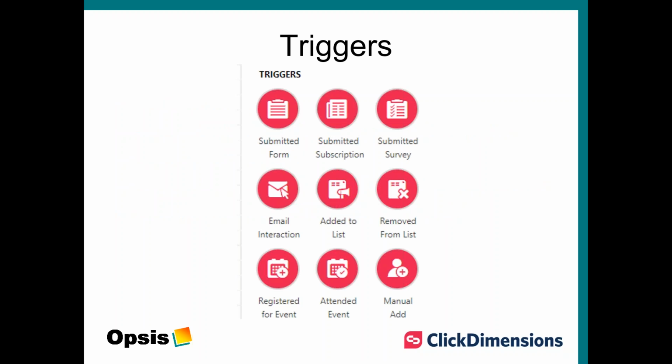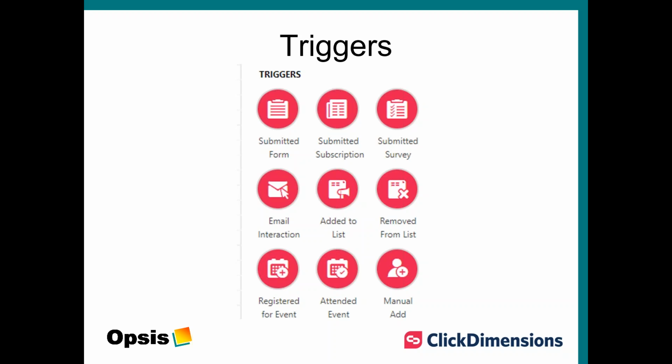What we've got here are the triggers that we can use to kick off any one of those automated flows. Somebody might submit a form or a survey. They may interact with an email, where an interaction is defined as either opening the email or clicking on a link.